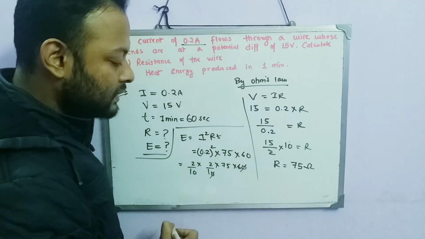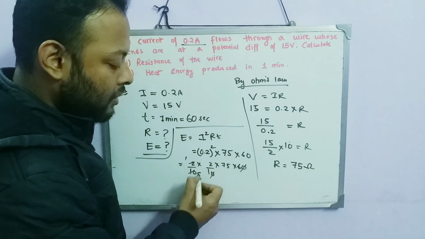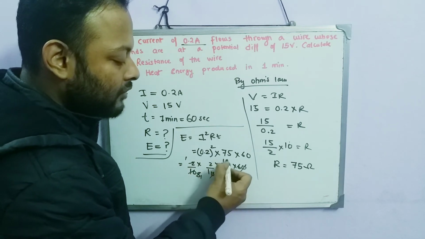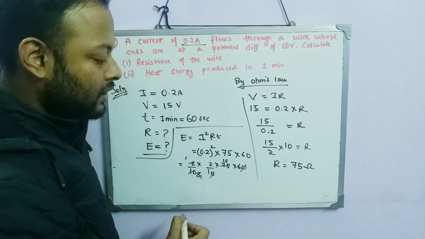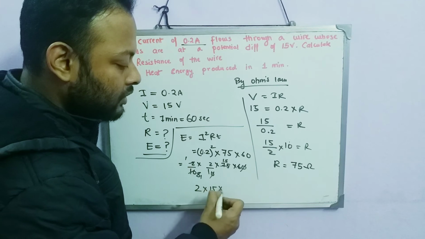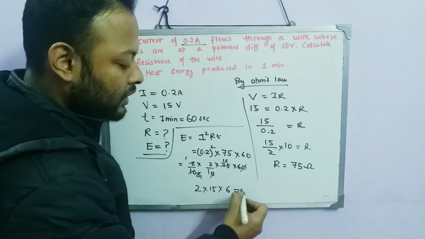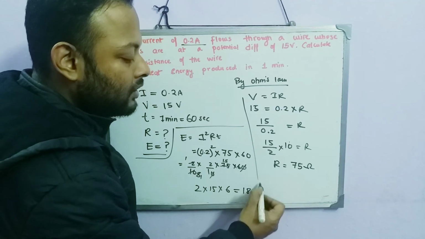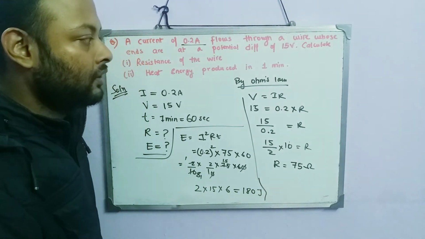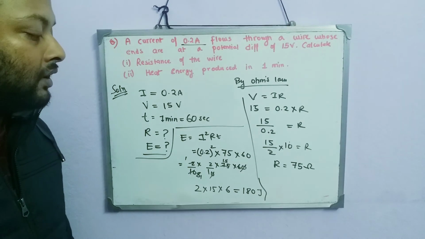The 0s get cancelled. Then 2 5s are 10, 5 15s are 75. So ultimately what we are getting is 2 into 15 into 6, and if we multiply this we are getting 180 joule of heat. So the heat produced in 1 minute is equal to 180 joule.